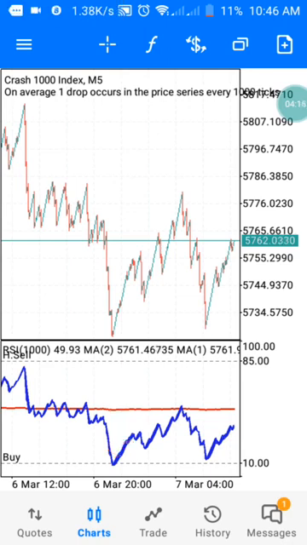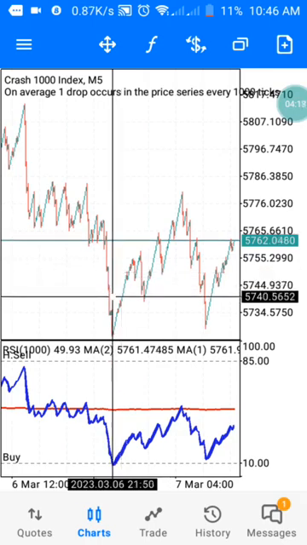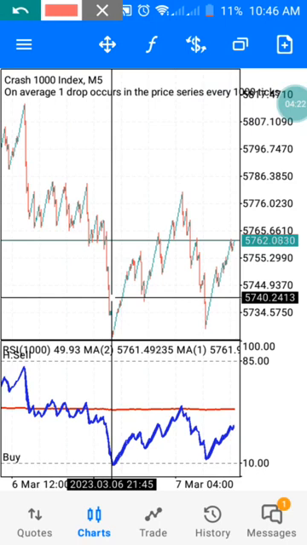You see, if I enter the trade from this level, I will make a lot of profit with this strategy. Only this trade now, you will have turned your $10 to $20 by taking only this trade.